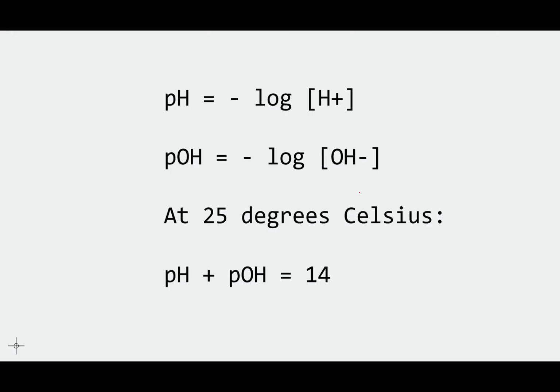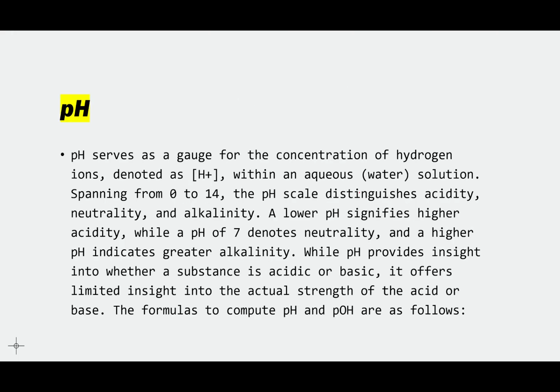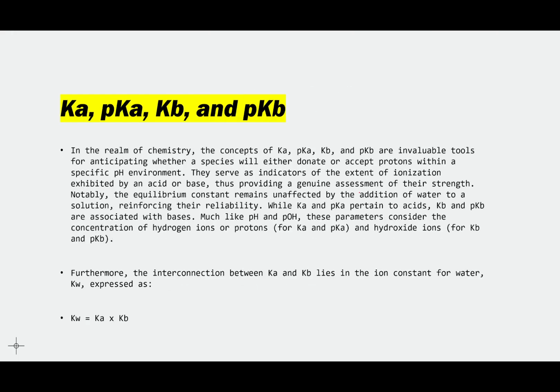So sometimes using these to check your answers may not be the best, but as long as you're working with numbers in the calculation, it should be fine. But at 25 degrees Celsius, pH plus pOH will give us 14. And it's a combination of that which gives us a maximum value on our pH scale, which is 14. It can also equal 0, depending on what you're looking at. So this is basically what we're looking at for those calculations from pH.